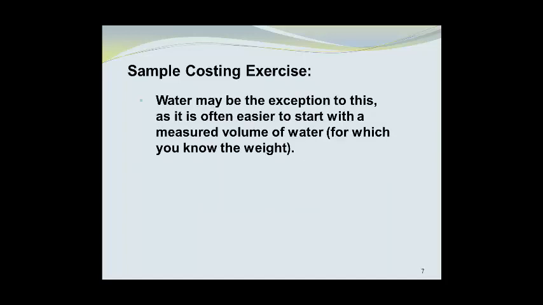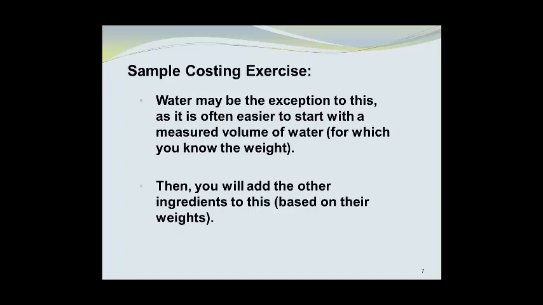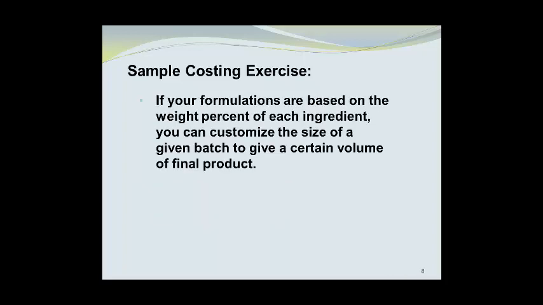Water may be the exception to this, as it is often easier to start with a measured volume of water, but you do need to know the weight of this water. Then you will add the other ingredients to the water based on their weights. If your formulations are based on the weight percent of each ingredient, you can then customize the size of a given batch to give a certain volume of final product.